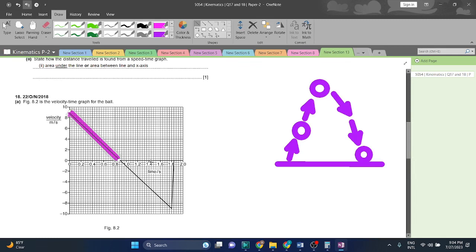Then when the ball changes the direction, it starts to, अच्छा अब इसका कलर चेंज कर लेते हैं सॉरी, it starts to gain velocity, but in the opposite direction. That's why the velocity is in the negatives.